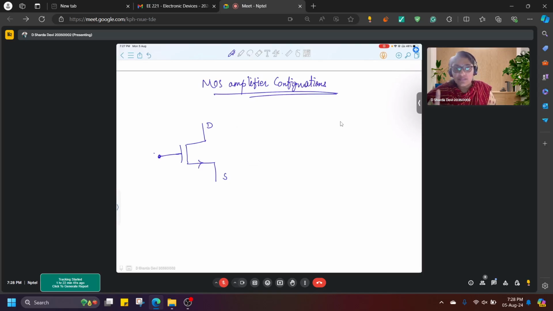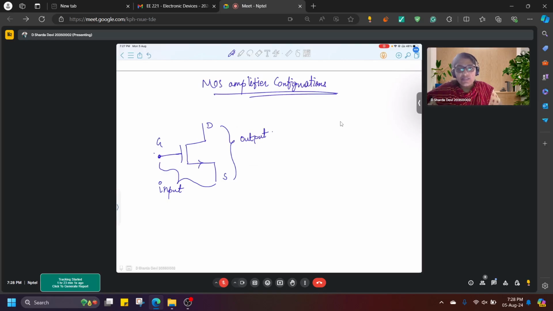First of all, keep in mind that you can use gate and source terminals for input. Similarly, drain and source terminals can be used for output.